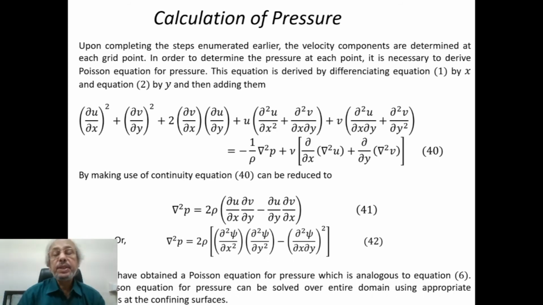Now we have to discuss another important point. Whatever we have discussed in Cartesian coordinates, having solved all the equations, we will get the distribution of stream function, distribution of vorticity, and u velocity and v velocity.